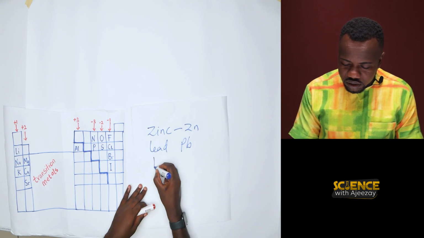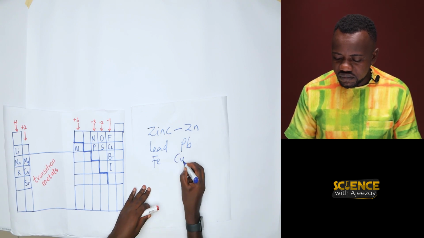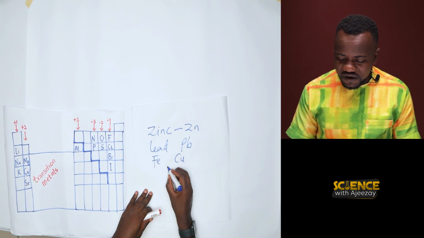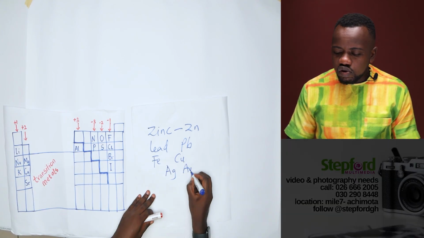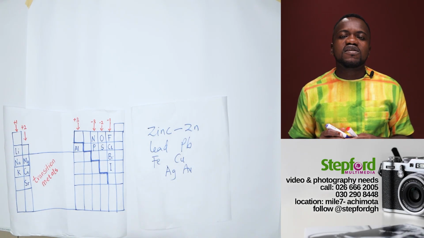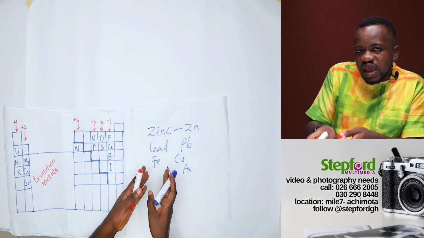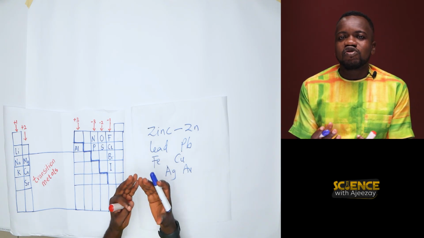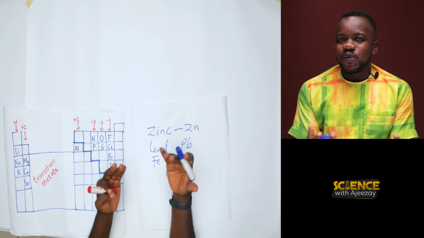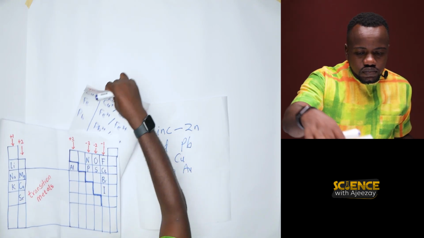We have iron, copper, silver is Ag, and gold. So these are the transition elements, and some of these metals are able to form multiple ions. So you have them here.